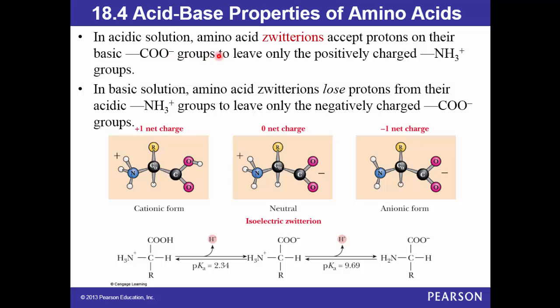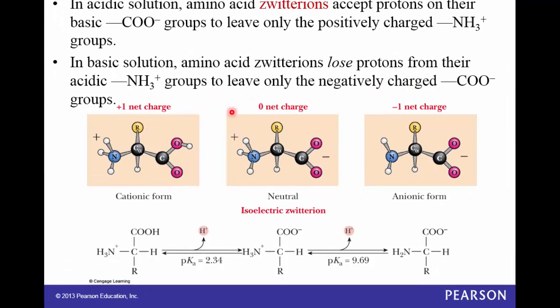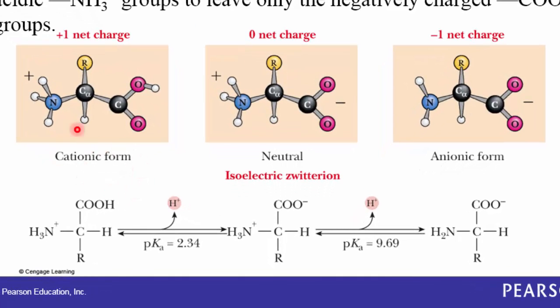In acidic solution, amino acid zwitterions accept protons on their basic carboxylate groups to leave only the positively charged amino groups. Now, in basic solution, amino acid zwitterions lose protons from their acidic ammonium groups to leave only the negatively charged carboxylate end. So, if we have, for example, this general form of an amino acid, here you see this form predominates in acidic solution.